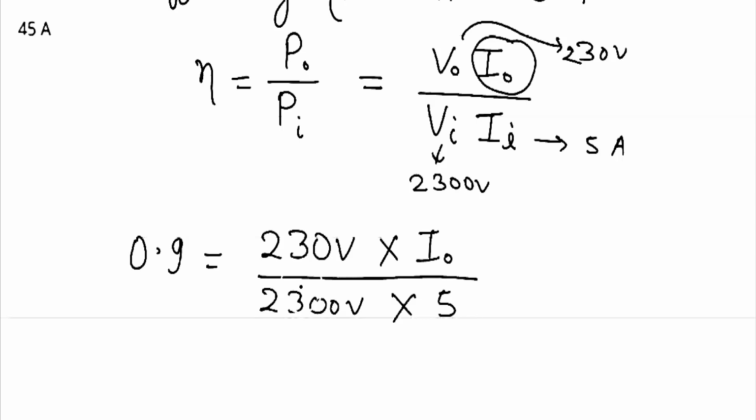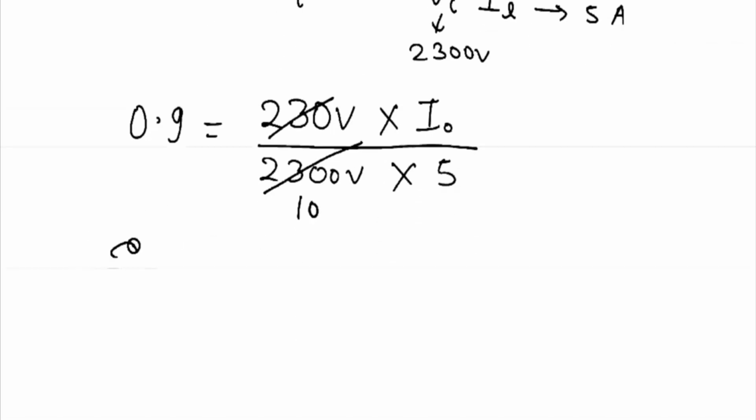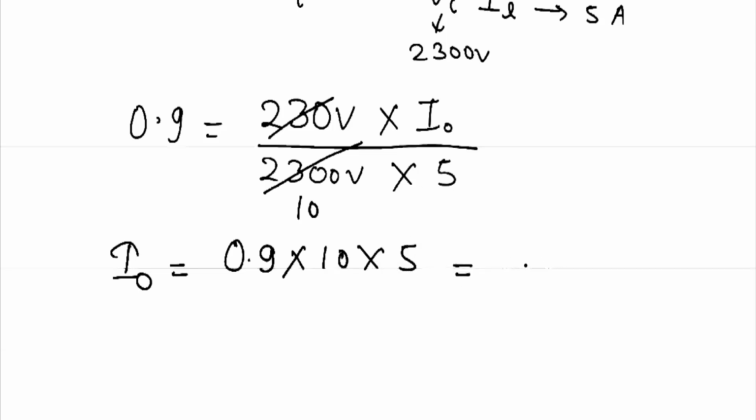Here we see that this cancels out and it will be 10. So here we can write the output current equal to 0.9 into 10 into 5. If we solve this, we will get 45 ampere.